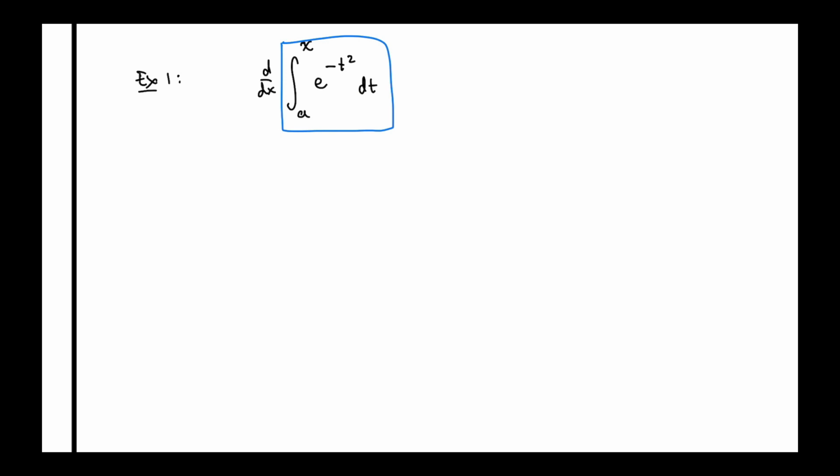And as scary as that looks, the fundamental theorem is what saves the day, because what does it say that this is equal to? Yeah, or in this case, e to the minus x squared. What did I do? I plugged x in everywhere I saw t on the inside, and that literally is it.